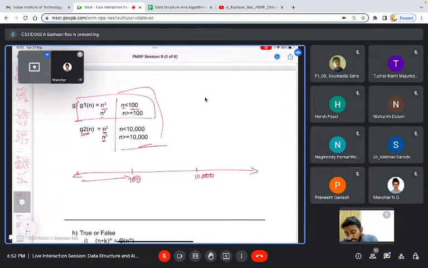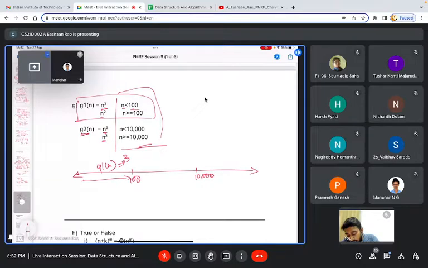Here we have seen that g1, where n is less than 100, and also where n is less than 10,000, is n square. So g1 will be greater when n is less than 100, because n cube is the value for g2 there.